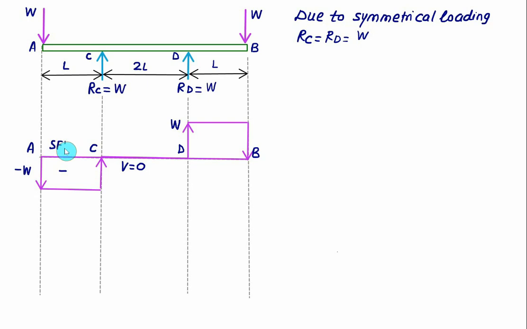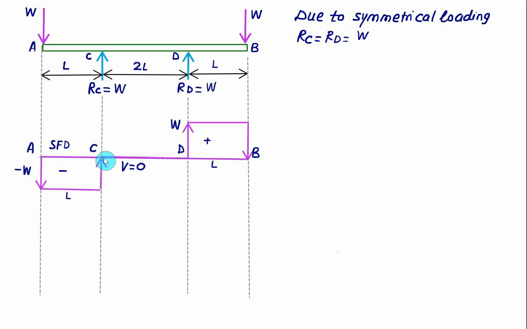In that case the bending moment diagram is a triangle but having a negative slope. And from D to B we again get one rectangle, which is a positive rectangle of area equal to W into L. This time we have area equal to minus W into L. So a rectangle in the SFD will be replaced as a triangle in the BMD, and we continue with the slope as negative from A to C, and for D to B it's a positive slope.